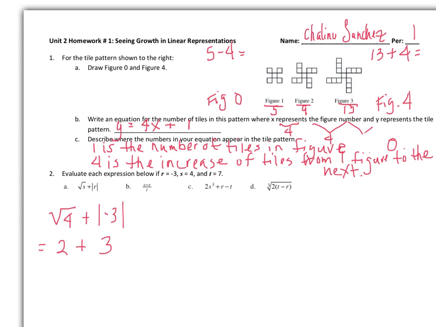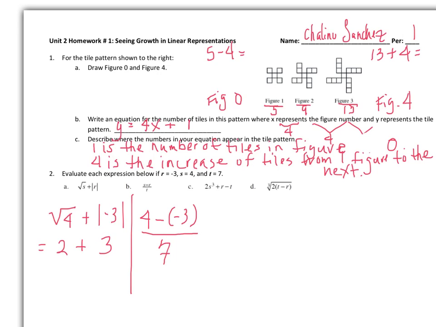B is s minus r over t. So that would be written something like this. 4 minus -3 divided by 7.